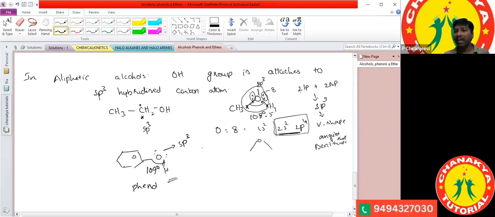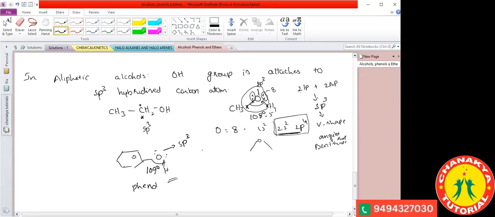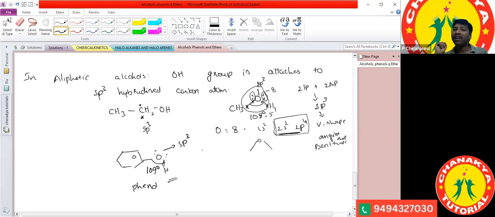Simple example, in alkanes and alkenes, which one has the greater bond length? Alkanes have the greater bond length. In alkanes, the carbon-carbon single bond length is 1.54 Angstrom units.